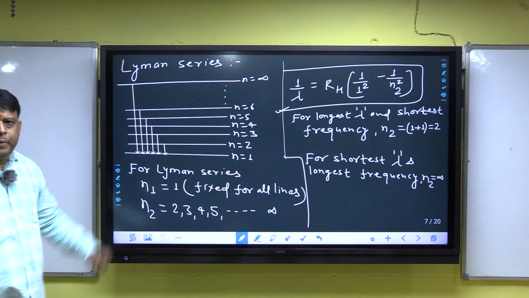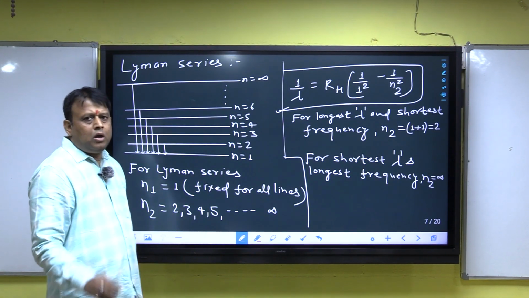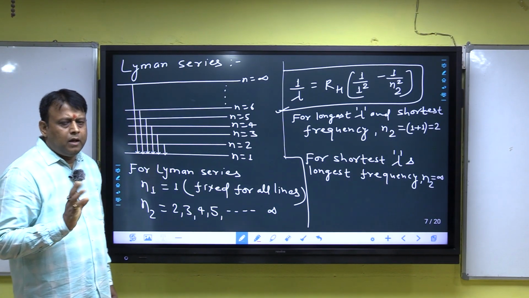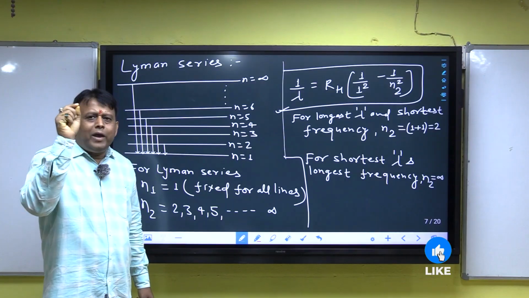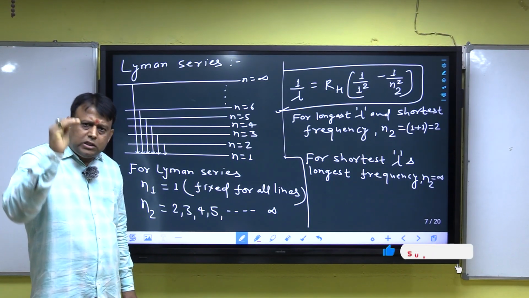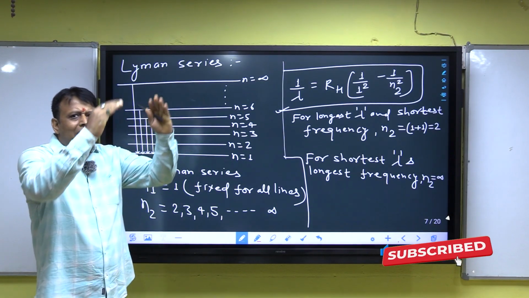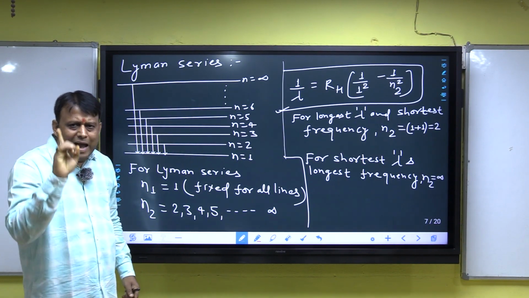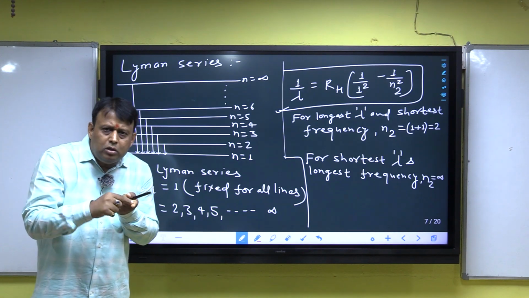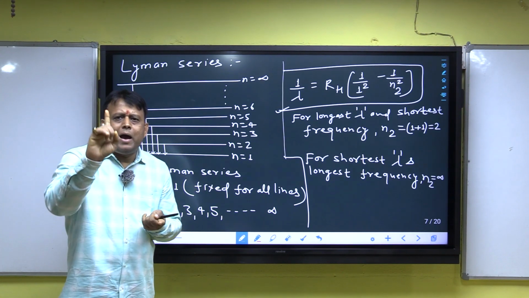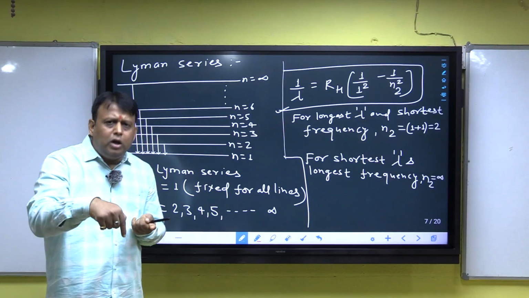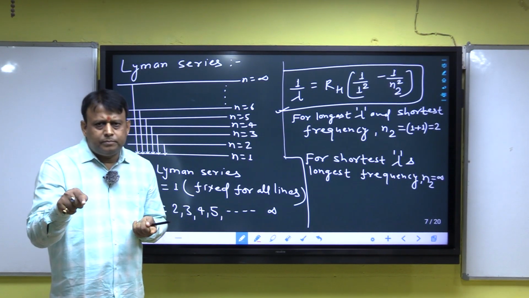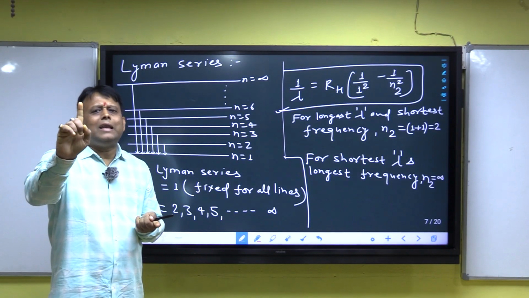The topic is the Lyman series and the definition of the Lyman series. Listen carefully. When an electron falls from some higher orbit to the ground state, that means the first orbit, the K orbit, then it is called the Lyman series.